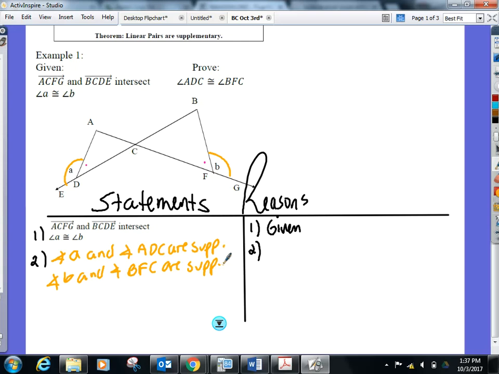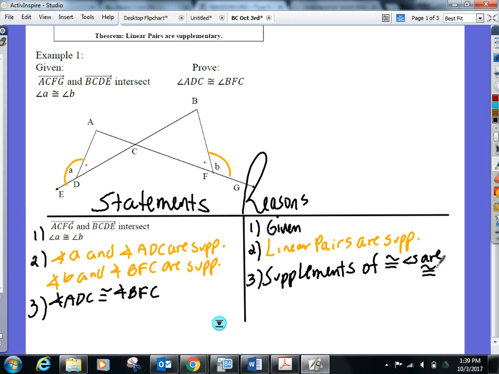Was there another way I could do this? Yes. You guys are getting to the point now in proofs where there's multiple paths. And that's what's great about proofs. There's never going to be one way to do it. Let's discuss real quick. We won't do it all out. How else could I have done this? BCDE is what type of angle?